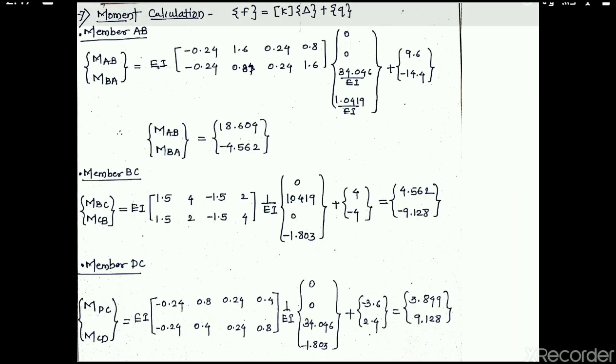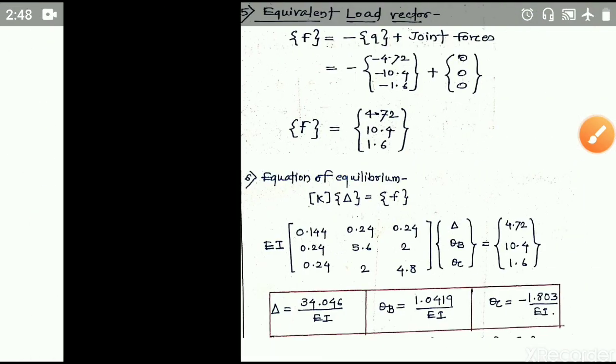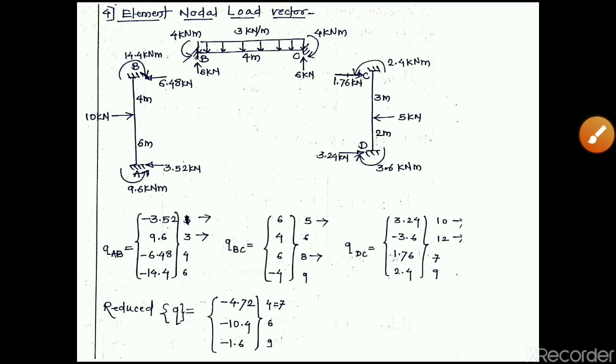In this you can see clearly the moments, the second and fourth rows, into this displacement, that is 1, 3, 4 and this one is 6, plus this Q. Q we have already determined in the element nodal load vector, imposing the boundary conditions.